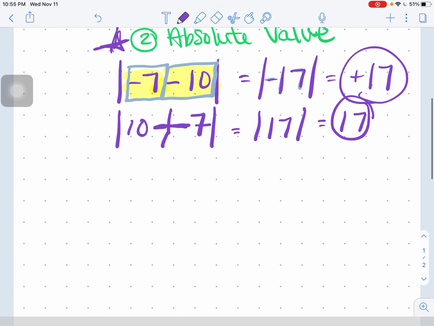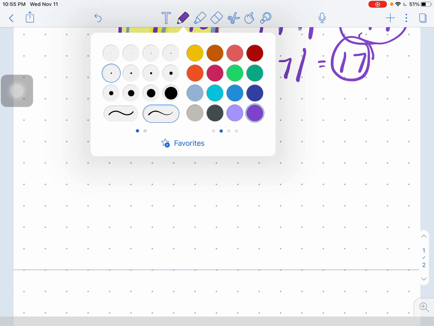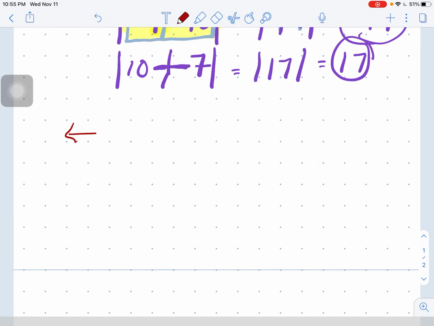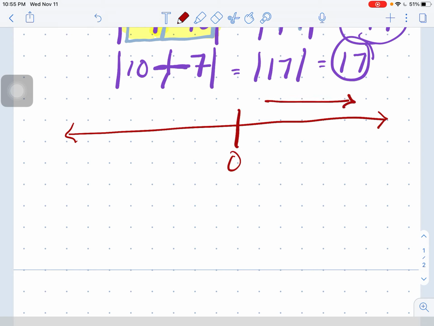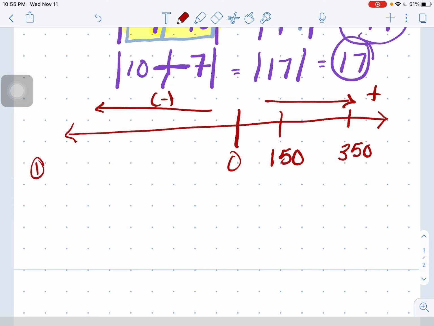Okay, let's try another one very quickly, and then you guys are going to try some of these by yourself. So here's 0. Everything on this side is positive. Everything on this side is negative. And let's say that we have, we'll get bigger numbers here, 150 and 350. 2-step process. 1, subtract.